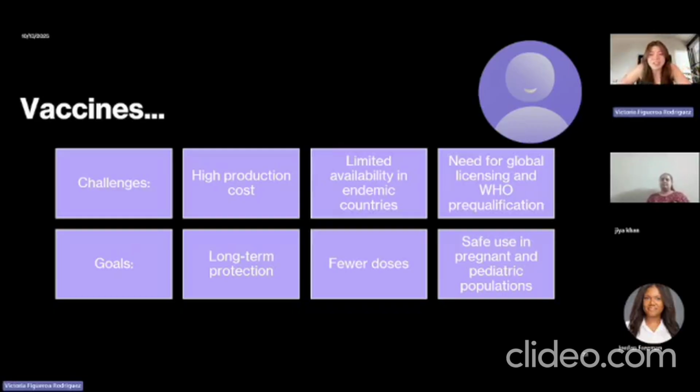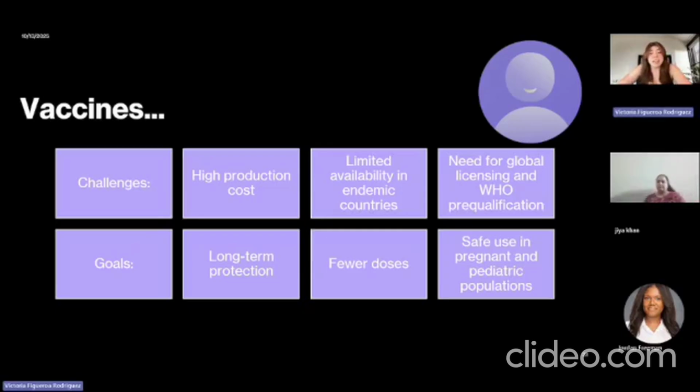So it's kind of hard to find funding for them. Also, there's limited availability in the endemic countries. Some of these tropical regions where we have a lot of chikungunya are not as developed as other places, so it's hard for them economically and even technology-wise to get these vaccines.